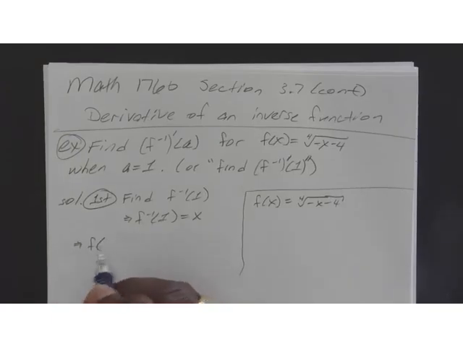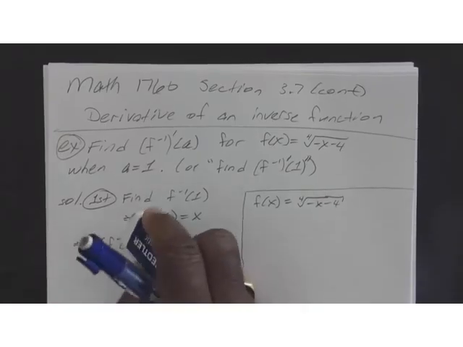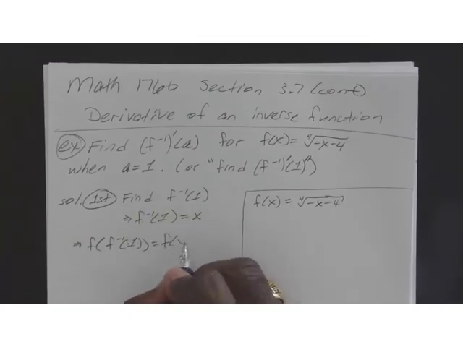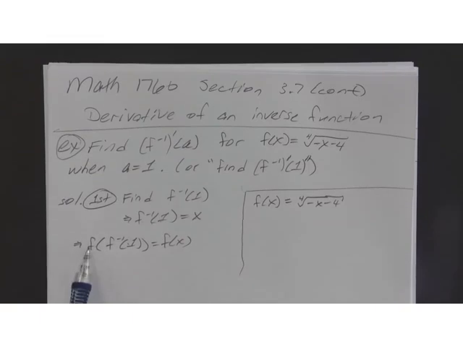So the function f of f inverse of 1 equals the function of x. Okay, so we know the function and its inverse cancel each other out, leaving just the argument, in this case 1. So we have f of x is equal to 1.